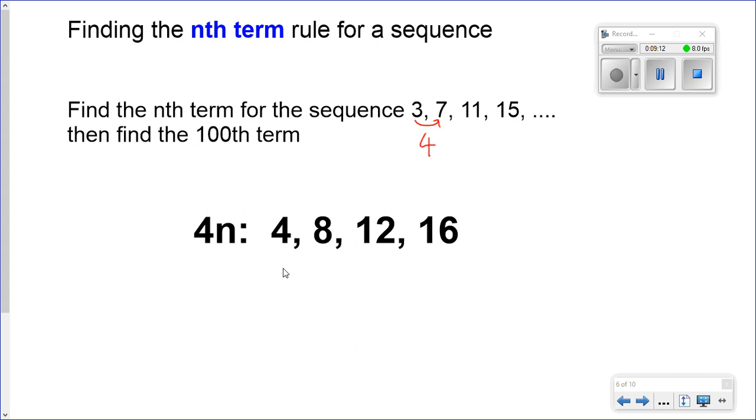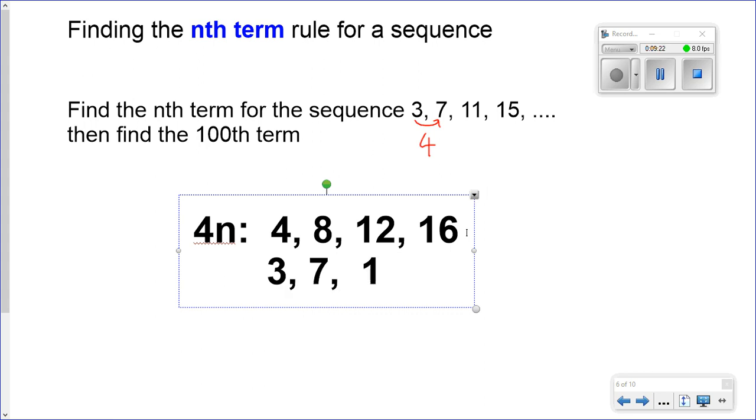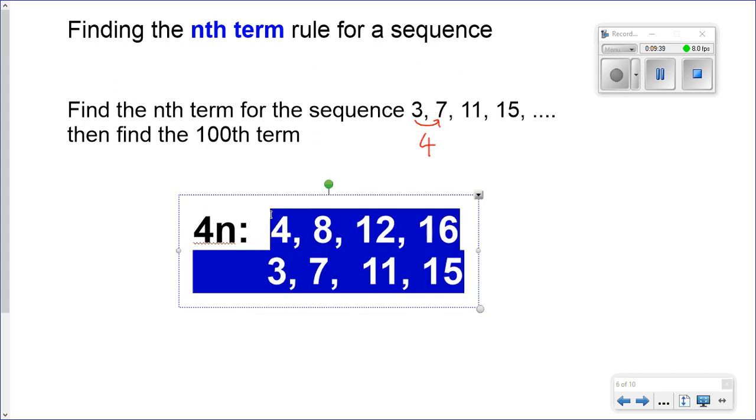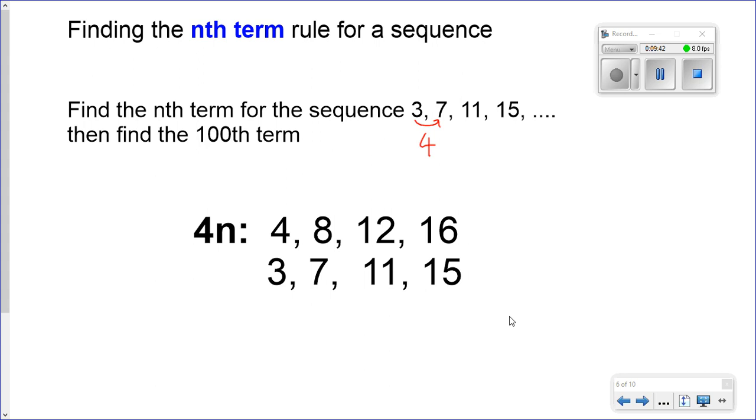And in fact, underneath, I'm going to write down the sequence that we want, because we want the sequence 3, 7, 11, 15. So they're not the same sequence. 4n would make the sequence 4, 8, 12, 16. We want the sequence 3, 7, 11, 15. Can you see what we need to do to the 4n sequence to make the sequence below?